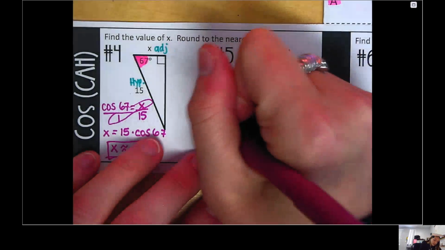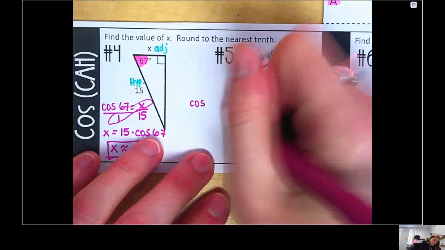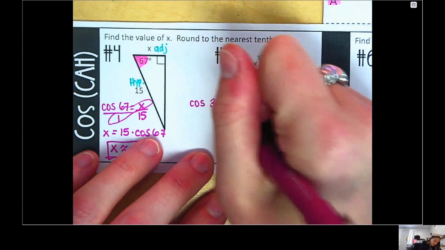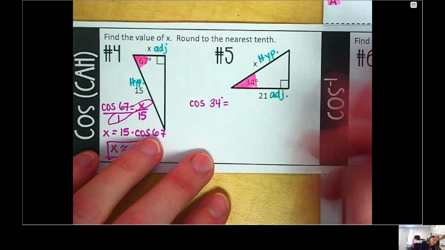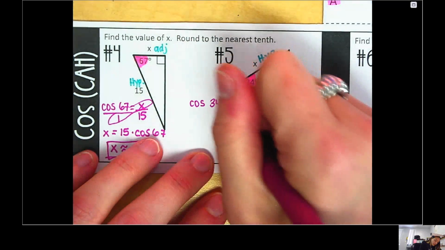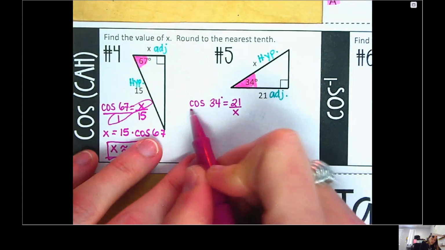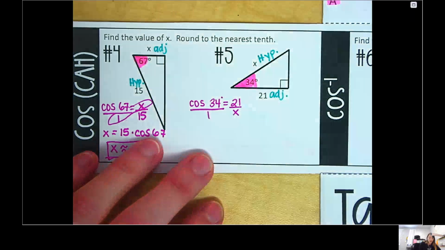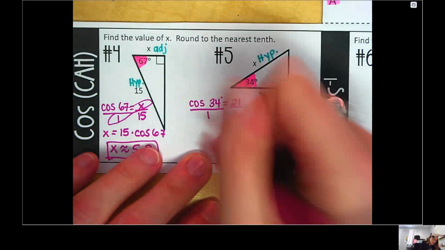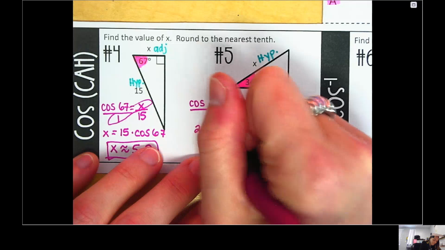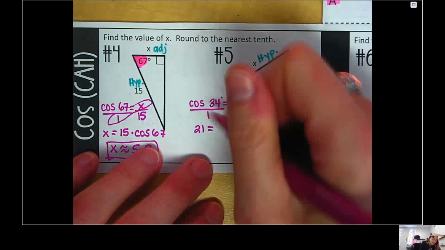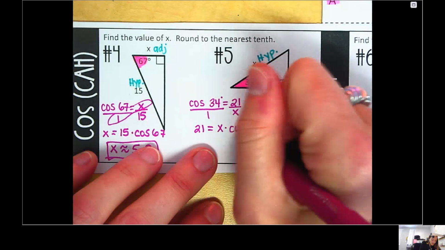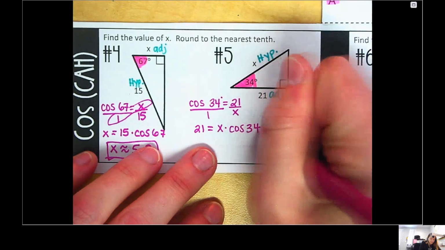The cosine of 34, that's my reference angle, equals adjacent over hypotenuse, so 21 over X. And then again, cross multiply. So 21 times 1 is 21 equals X times the cosine of 34.